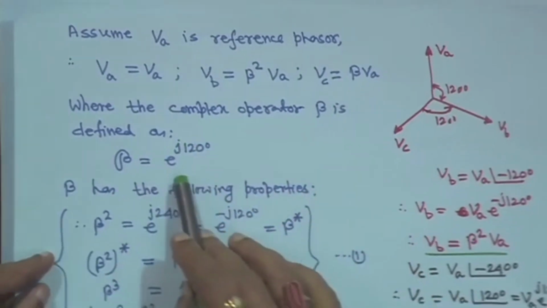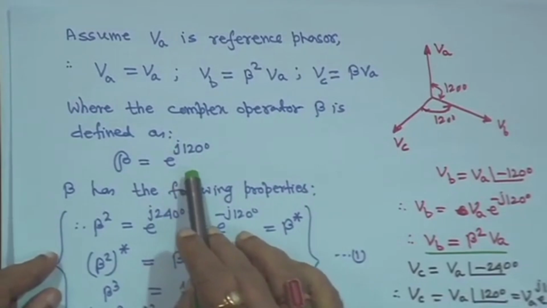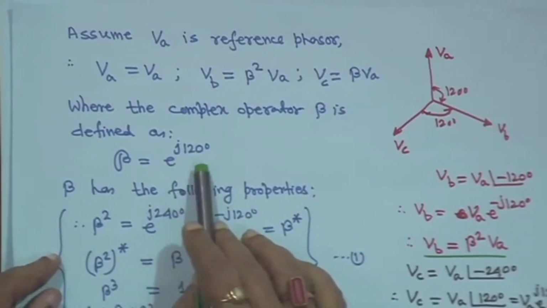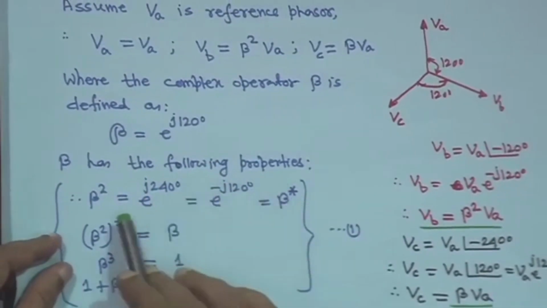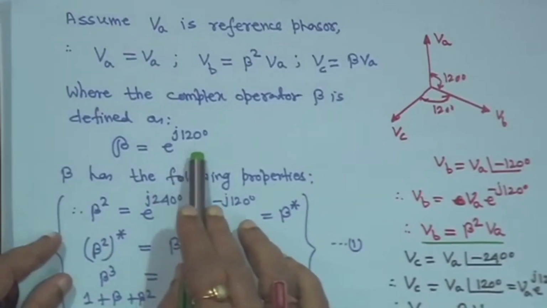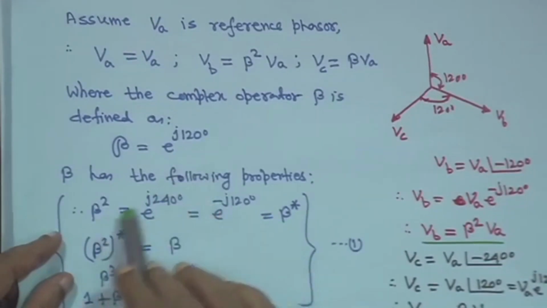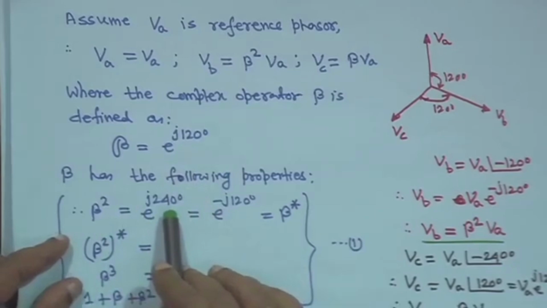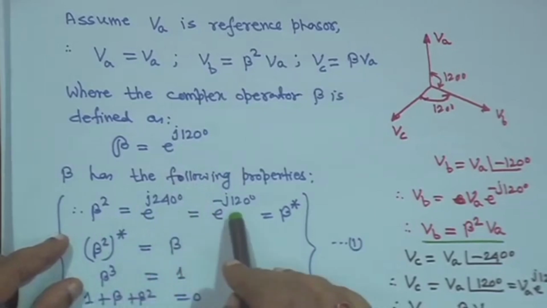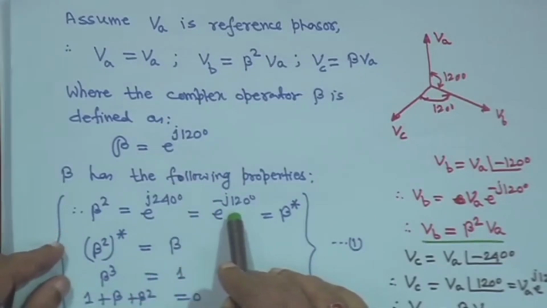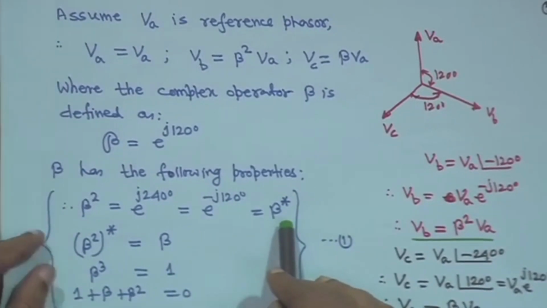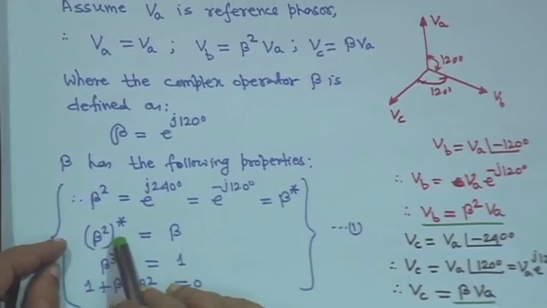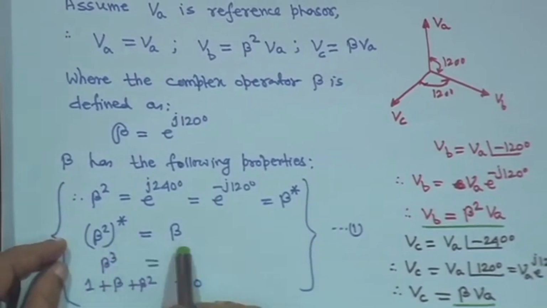is defined as angle 120 degrees, so e to the power j120 degrees. This beta has the following properties: beta square, e to the power j240 degrees, is equal to e to the power minus j120 degrees, which is equal to beta conjugate. Similarly, beta square conjugate is equal to beta.